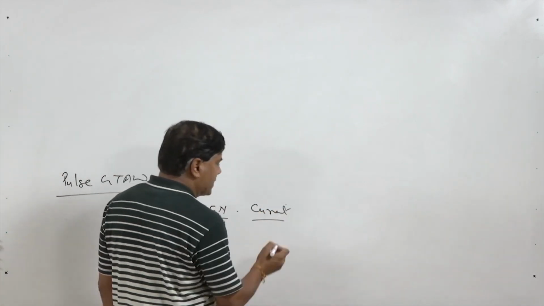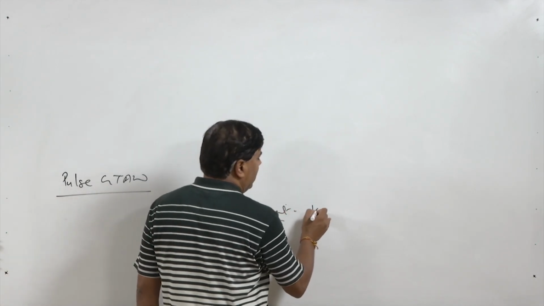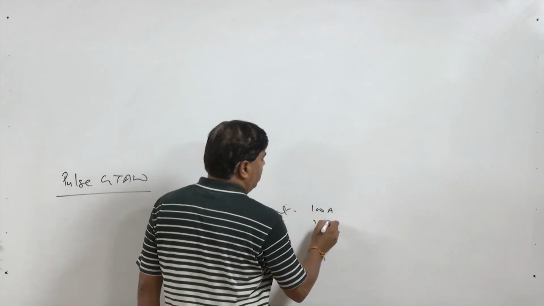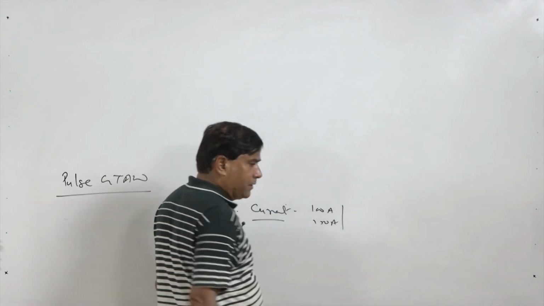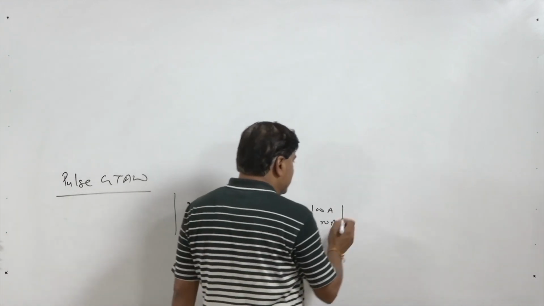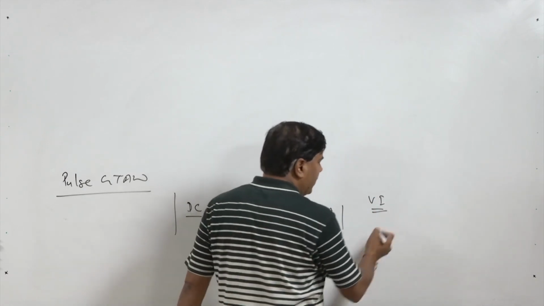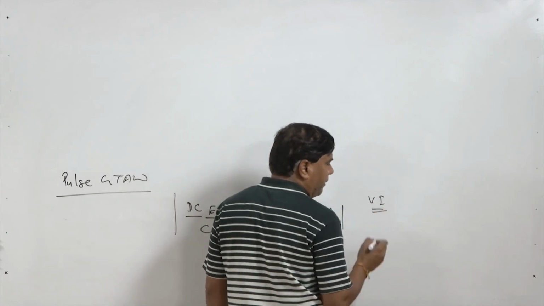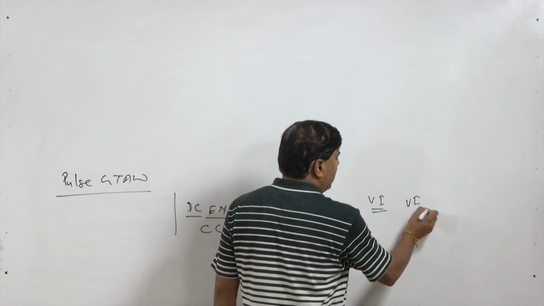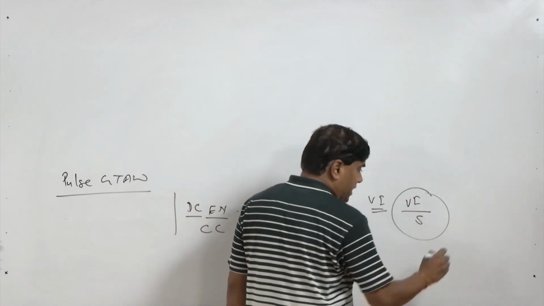So, whatever current is selected is mostly constant, say 100 ampere or 150 ampere. So, this value is constant, and in this case it is easier to calculate the arc power, and then VI by S can be used for determining the net heat input.